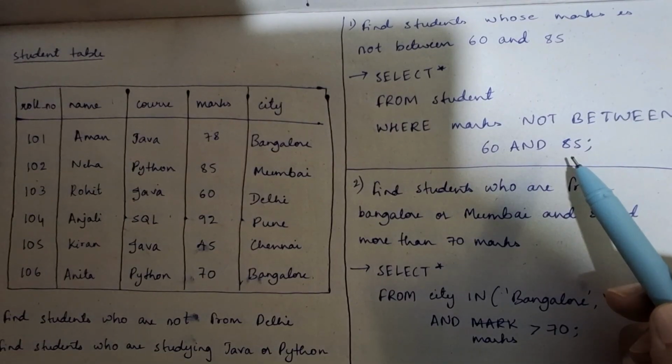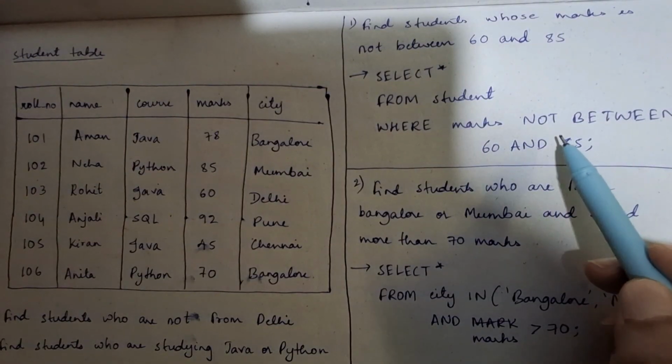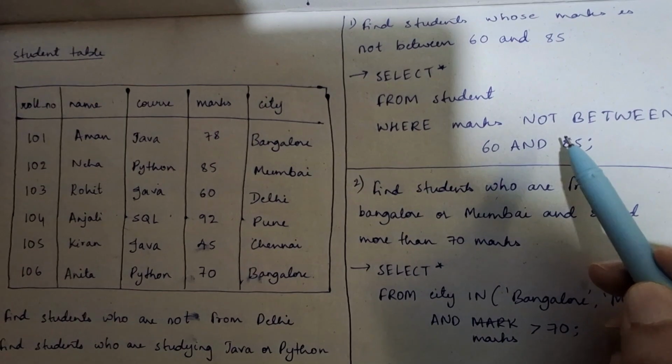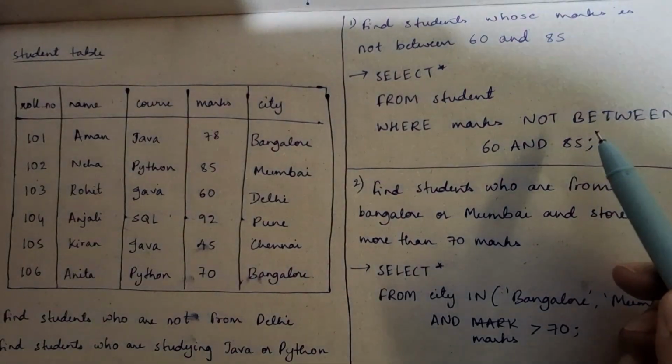So between 60 and 85 means marks greater than or equal to 60 and marks less than or equal to 85. But here we are using not. Not between means select values outside this range. So the query will show students whose marks are either below 60 or above 85.